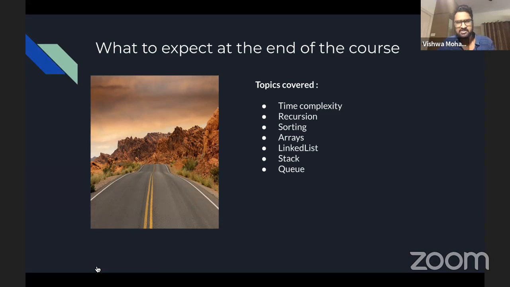Once we are done with recursion, we'll talk about sorting, because sorting is used across different data structures and in different algorithms. Having a sound understanding of what sorting is, how we sort, and the different kinds of sorting will help us understand things better. Once these three basic foundations are done, we'll start with the actual data structures.